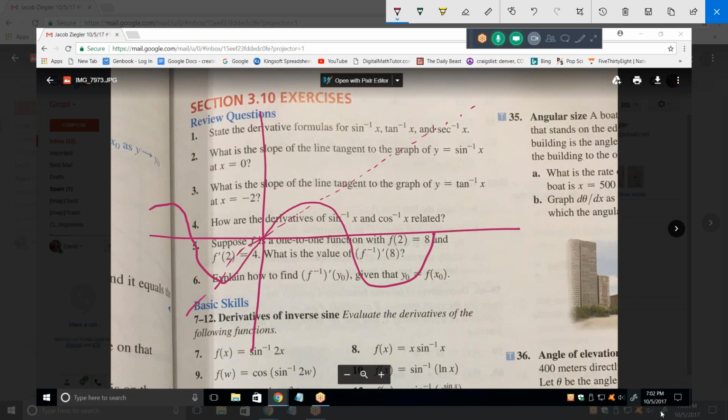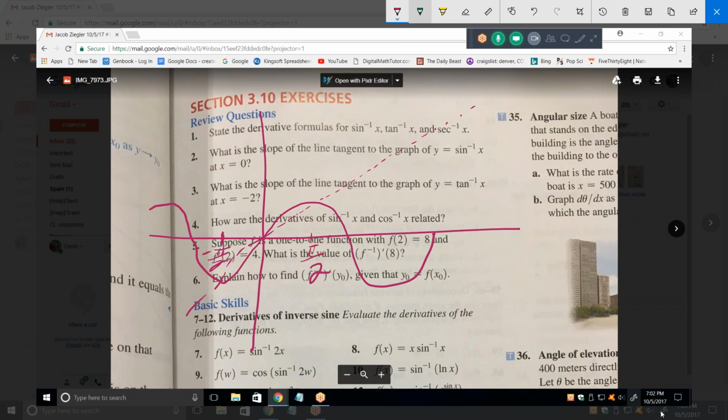So the sine itself does not have an inverse unless you do one very important thing, which is to restrict the domain. The way they do that is to restrict the domain between minus pi over 2 and pi over 2.